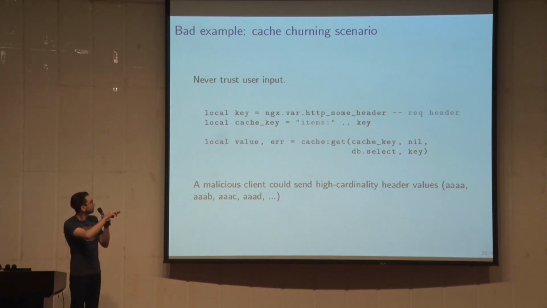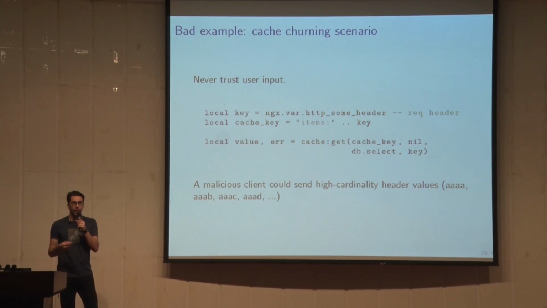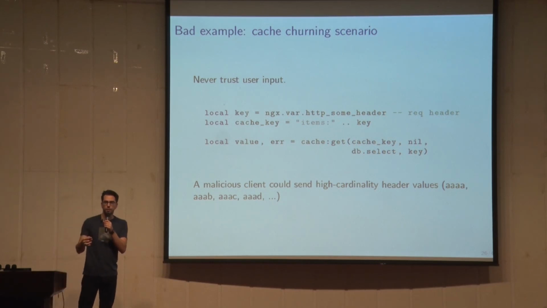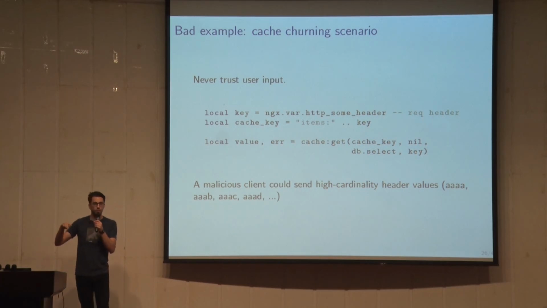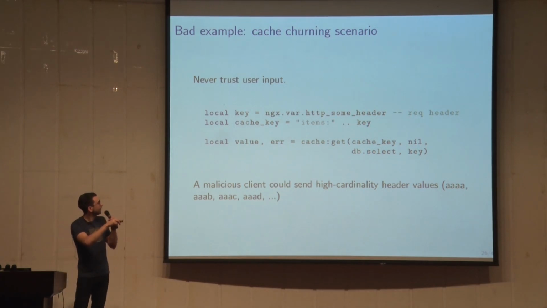But then I use the request header as a cache key and I make some database select. The problem with that is if I have a malicious client that is sending a lot of different header values, like different high cardinality header values, for example, like A, B, etc.